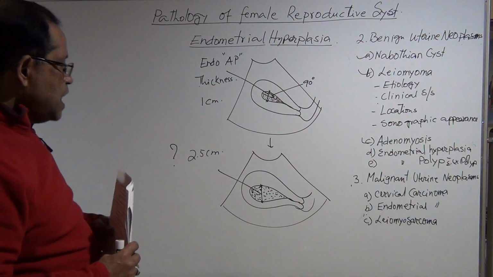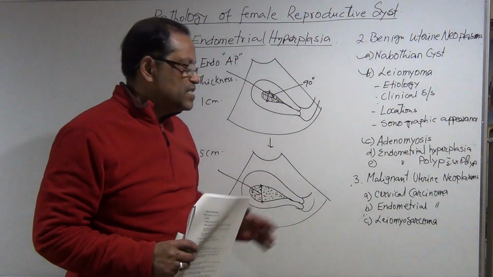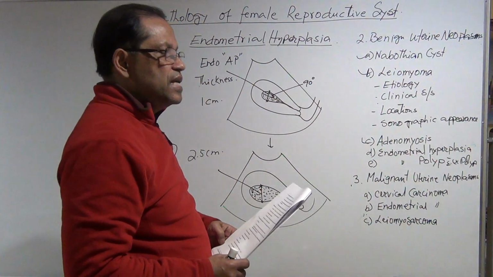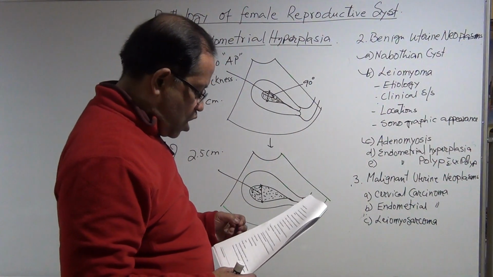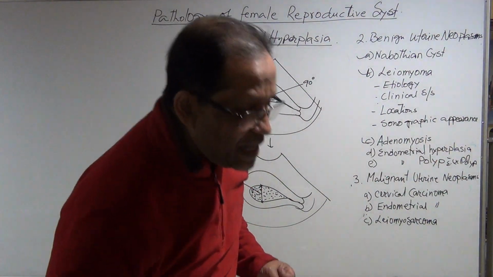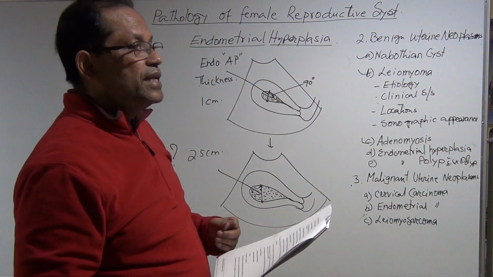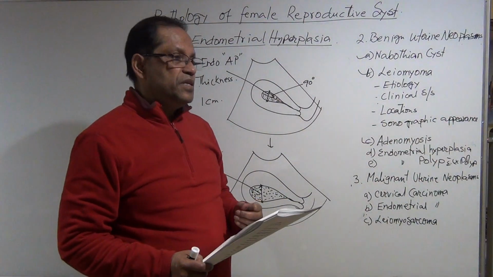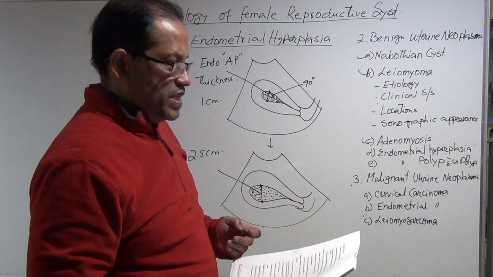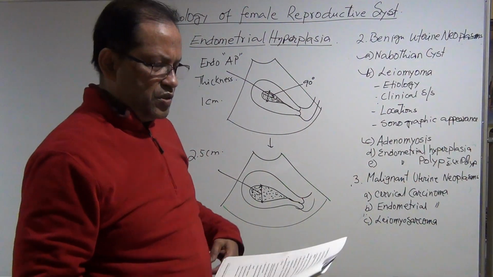Okay? So now, what are the signs and symptoms with which the patient will come to the doctor? The patient will come with a prolonged period of bleeding, then postmenopausal bleeding. We call it DUB, dysfunctional uterine bleeding. Then what is menopause?